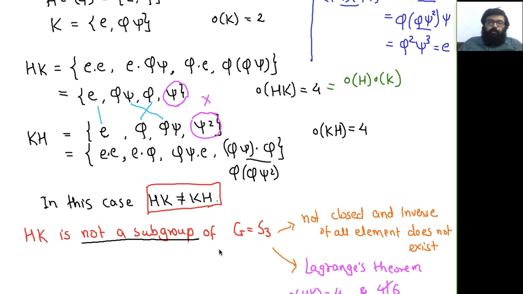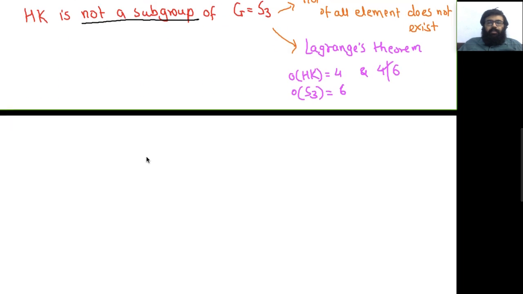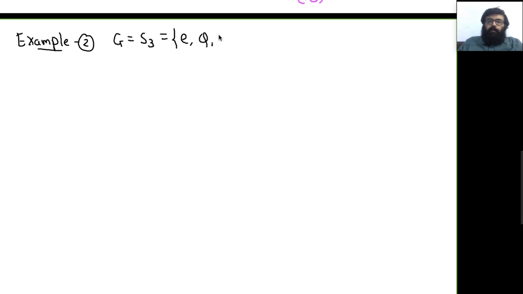Now let us consider the second example. In the second example we also consider the group S3 only. Example number 2: G equals S3, again E, phi, psi, psi square, phi psi, psi phi.